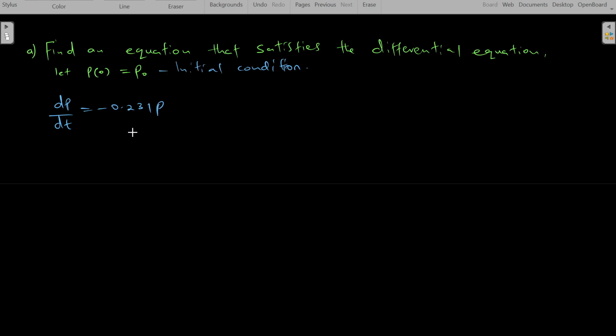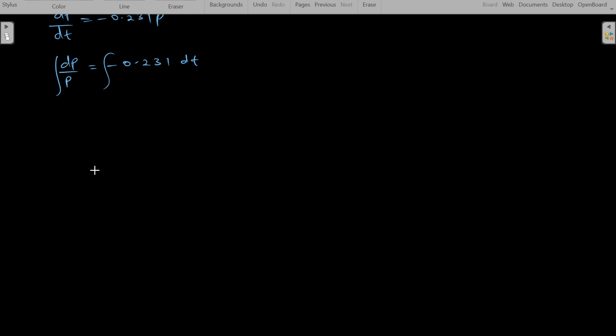Let's separate the variables. I'll take P to this other side. So it's dP/P equals negative 0.231 dt. If I take the integral of both sides, I'll get ln P equals negative 0.231 multiplied by t.